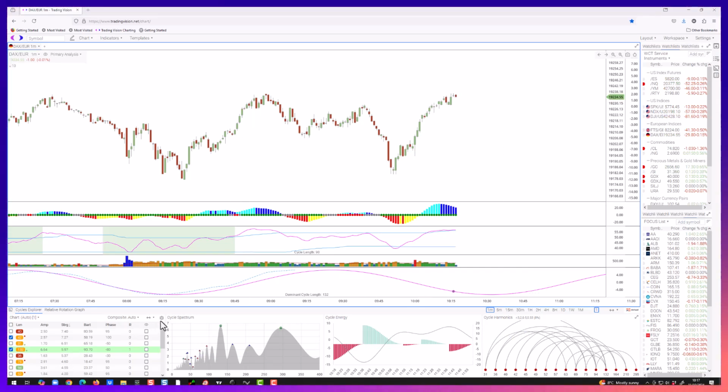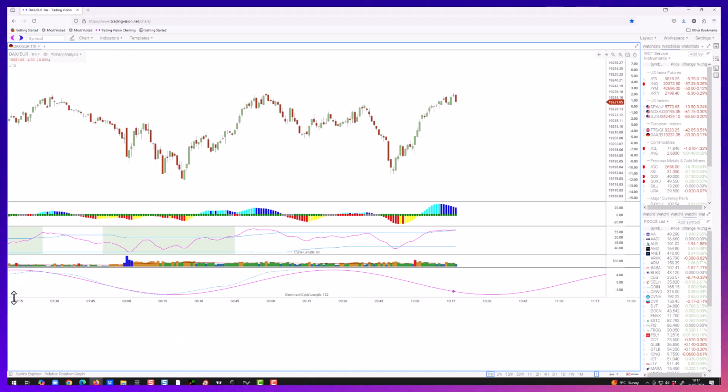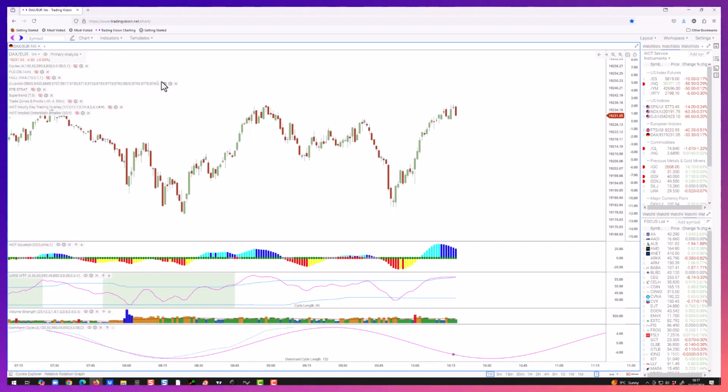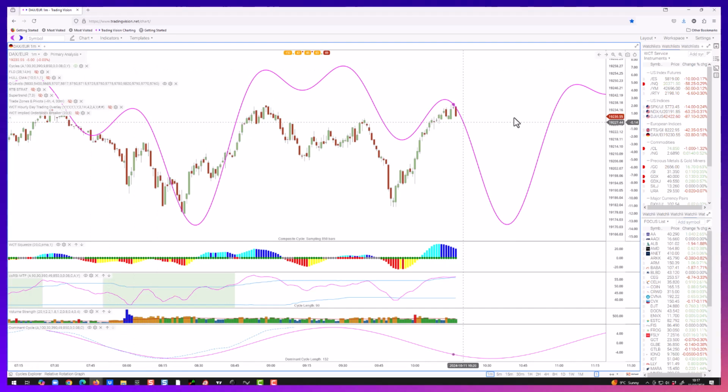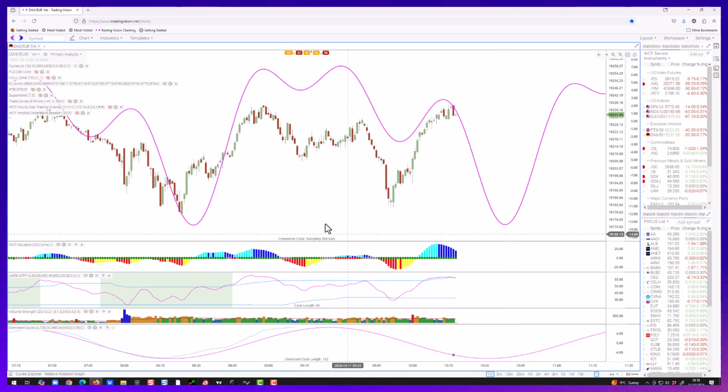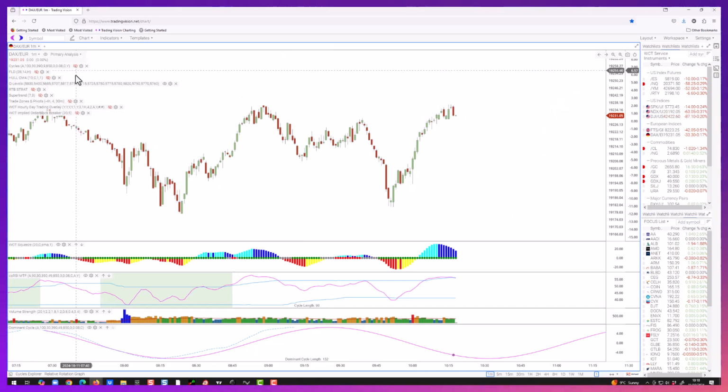And from that, the AI algorithm identifies the key cycle that is at play, and then it will also give us some composite based on an AI ranking plus the harmonic relationships between cycles. I can go up here and show you the harmonic, and that gives me a forward plot on the expectation. So you can see it's expecting this to pull back down for the next half hour or so in the German DAX.